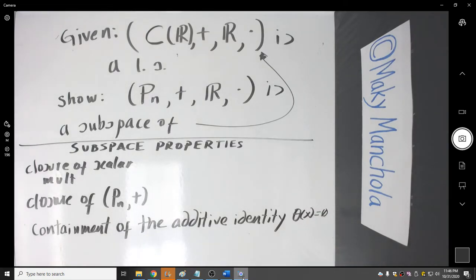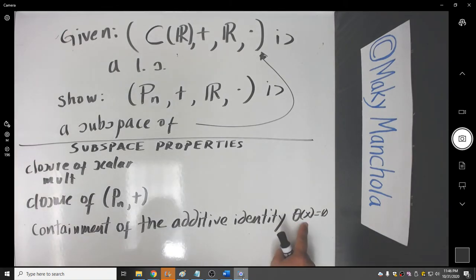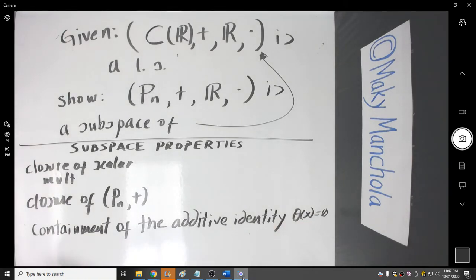That will be the identity element. So we need to show that the set of polynomials contains that element. Well, that's not going to be difficult. This is the 0 polynomial, so it's an easy check. The function theta of x equals 0 is a polynomial of degree 0. It's a constant function. And then containment of additive inverses.